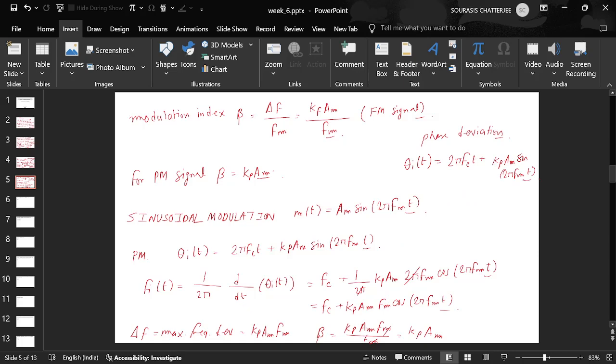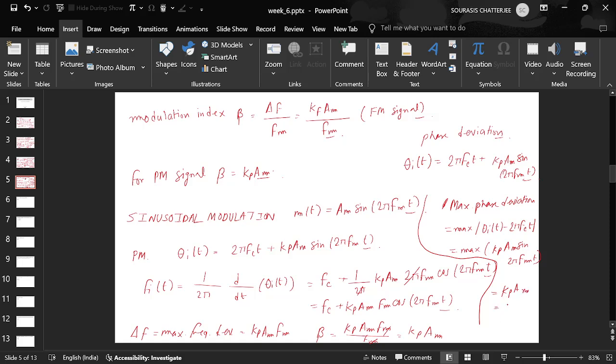So your maximum phase deviation is going to be max of theta i(t) minus 2 pi fc t, which is nothing but max of kp Am sine 2 pi fm t, which is the value kp Am.